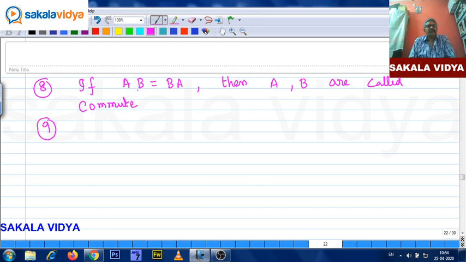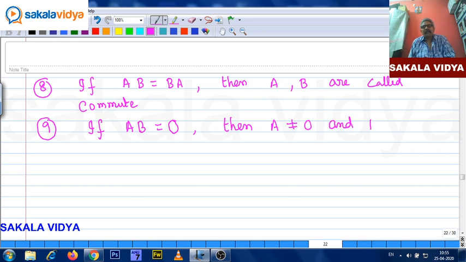So, sometimes the product of two matrices, AB, may be a null matrix, not 0, this is O, null matrix. So AB is equal to O, then A does not equal O and B does not equal O. That means just like in algebra in general, for example, if the product of two real numbers is 0, either A is equal to 0 or B is equal to 0 or both.